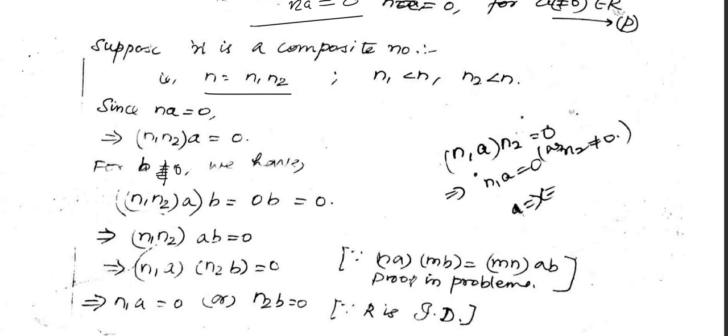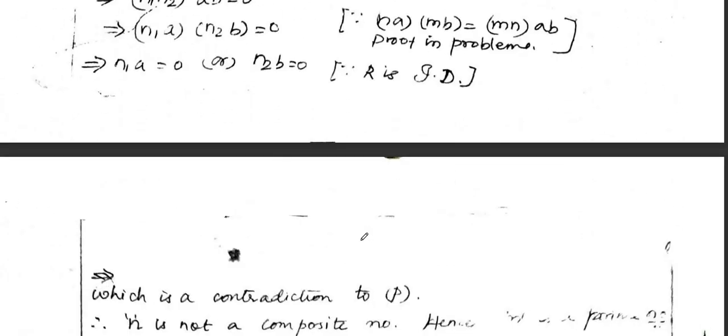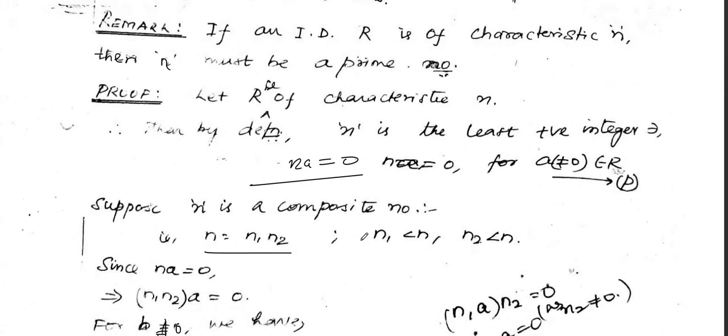This is proved in one of the problems. Now we have n1a to be 0 or n2b to be 0 because R is an integral domain. And this is a contradiction to statement P, which states that n1 is less than n and n2 is less than n, and here na is 0 with n to be the least.